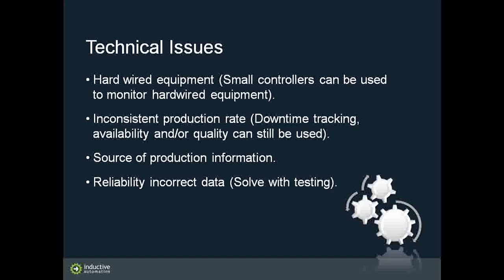Reliability is a big factor, because if you put in a system and the information isn't accurate, then the credibility isn't going to be there with the system, with the people viewing the data, whether it's management or production folks. And I think the best way to do that is really to do a lot of testing up front.